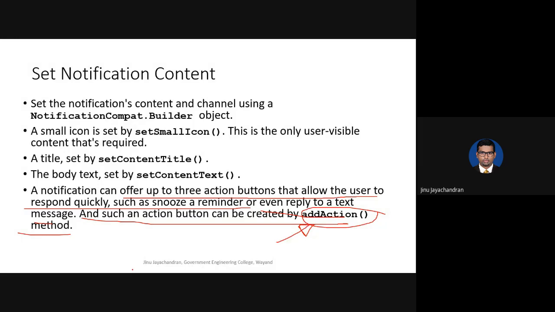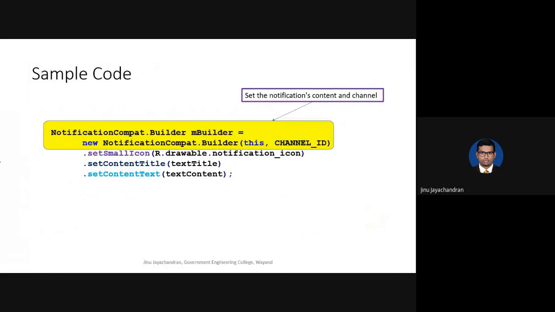When you get the message, you can also implement the addAction method so that when the user clicks reply, it will do the corresponding action. This is a very small sample code in which you are using this notification builder. From this NotificationCompat.Builder class you are creating an object called mBuilder, and when you create the object you call new, just like in Java, and pass different parameters.